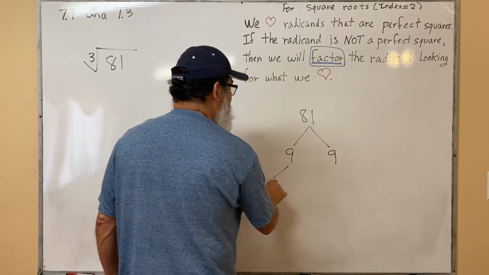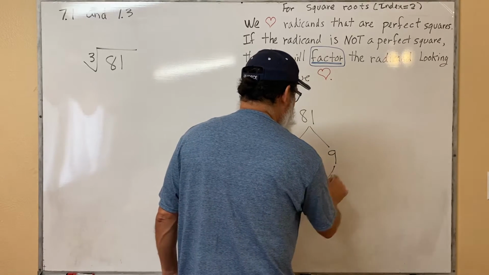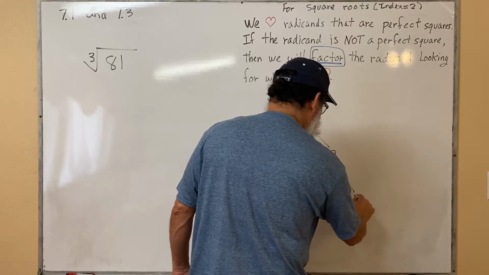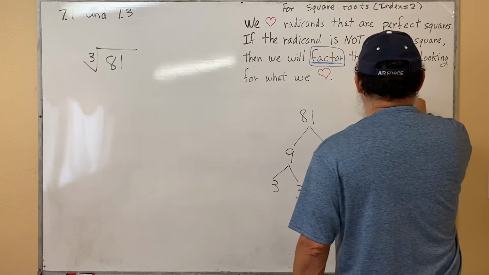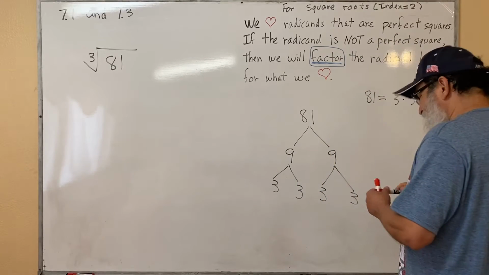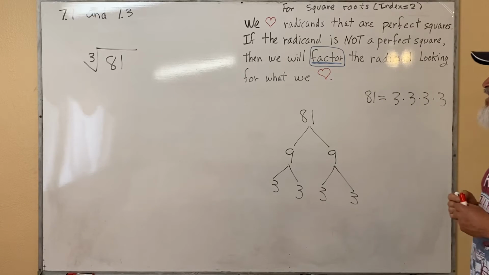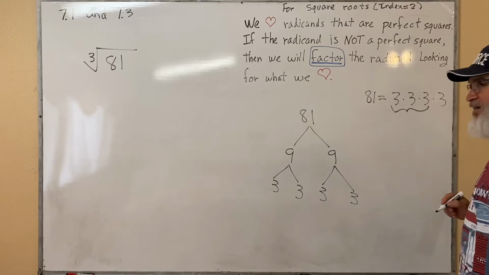And 9 is 3 times 3. And this 9 is 3 times 3. So 81 is 3 times 3 times 3 times 3. But now I'm looking for perfect cubes, so I'm going to take 3 of them.